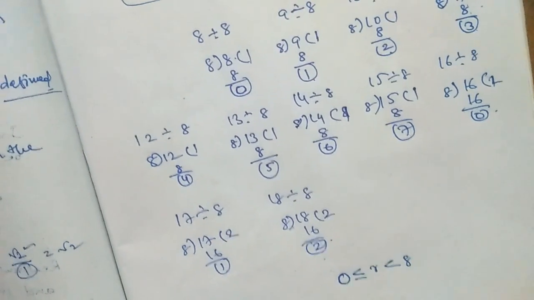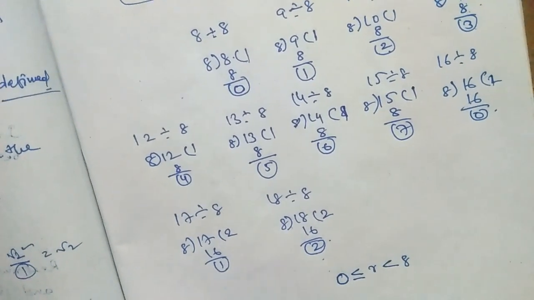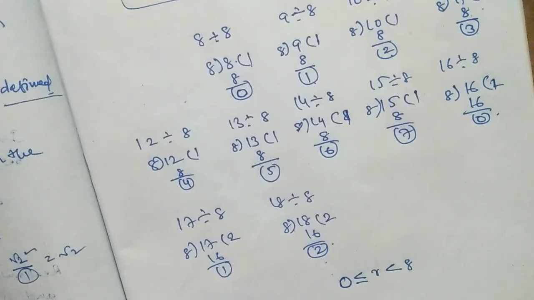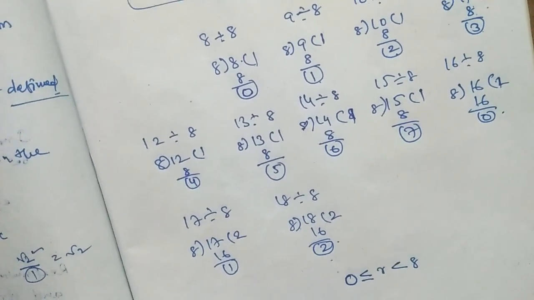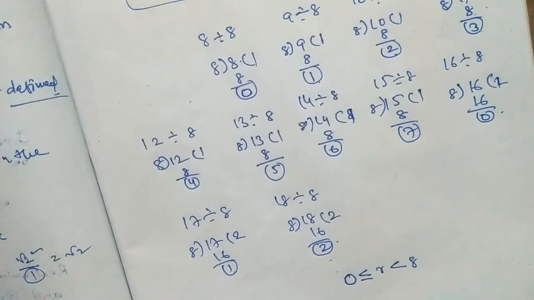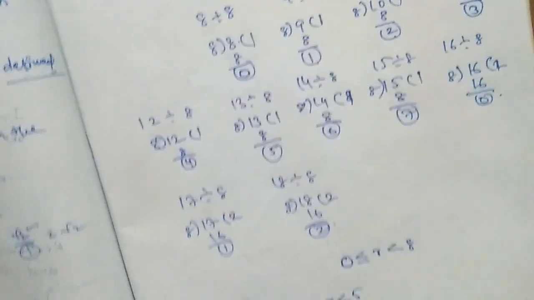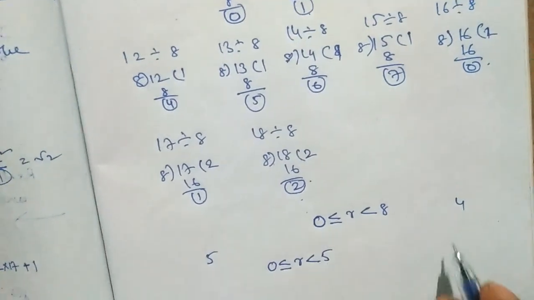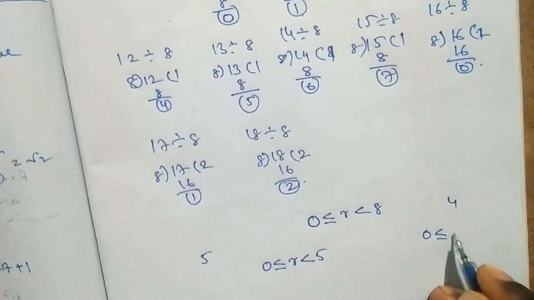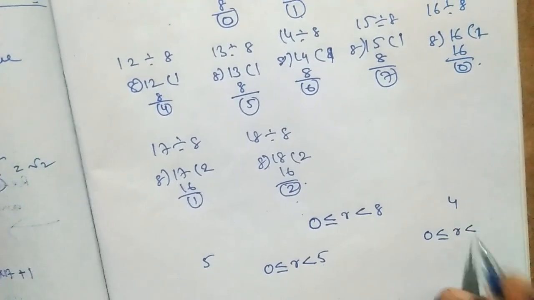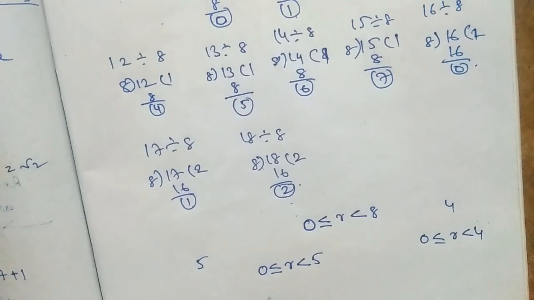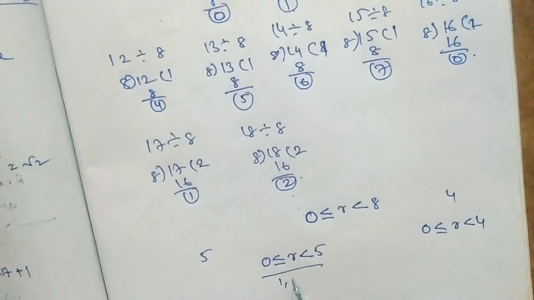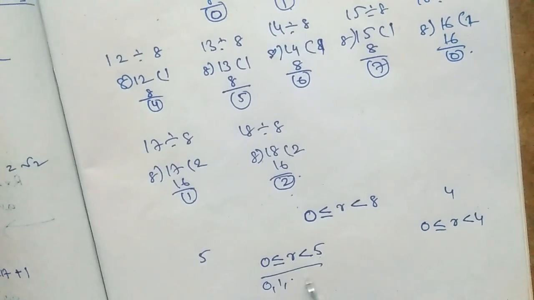So any number you have to take. Suppose I am going to divide by 5. All the numbers, so what are the remainders? 0 less than or equal to remainder less than 5. Suppose I am going to divide by 4. 0 less than or equal to remainder less than 4. What are the possible remainders here?